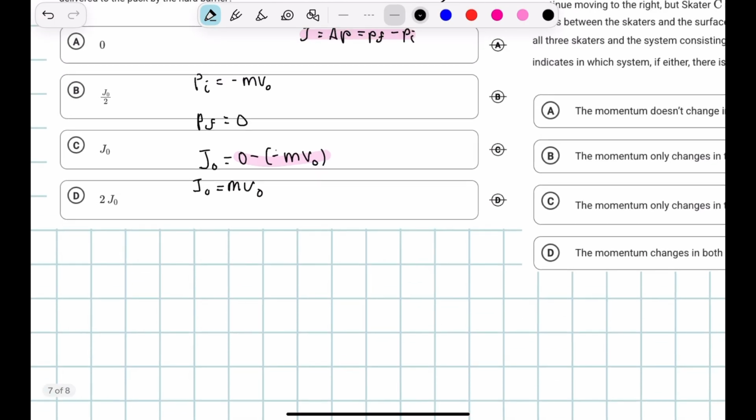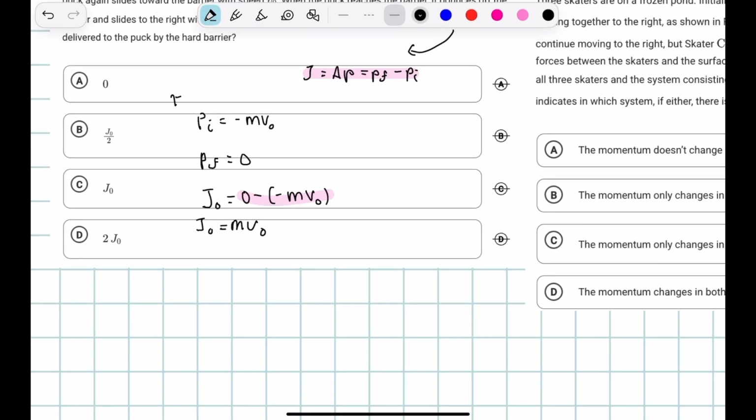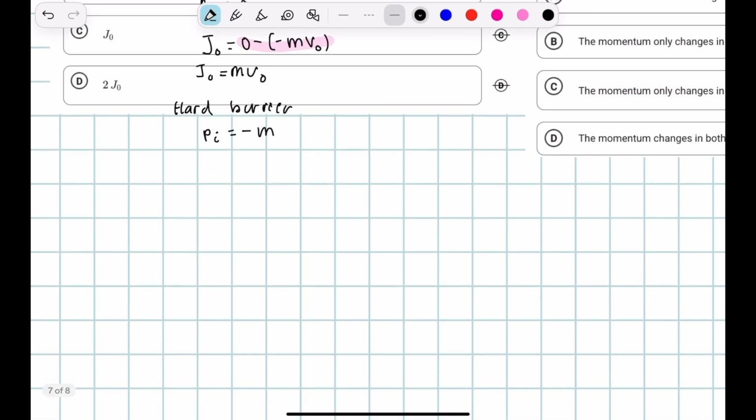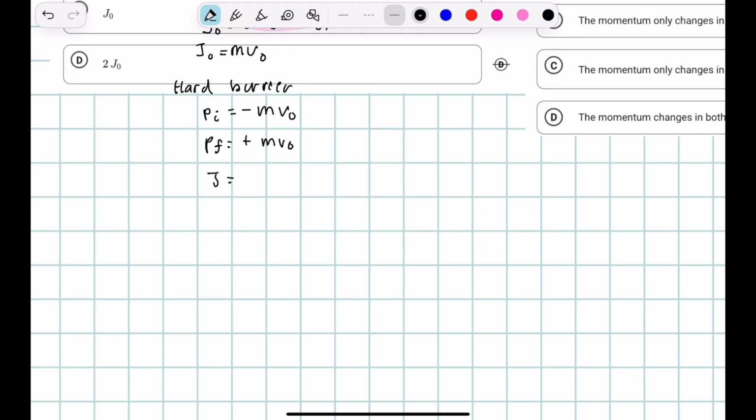Now this was for the foam barrier. For the hard barrier, the initial momentum is equal to negative m v initial, and p f is equal to positive m v initial. So the impulse J is m v initial minus negative m v initial, which is 2m v initial.